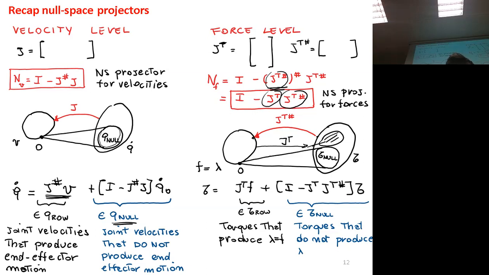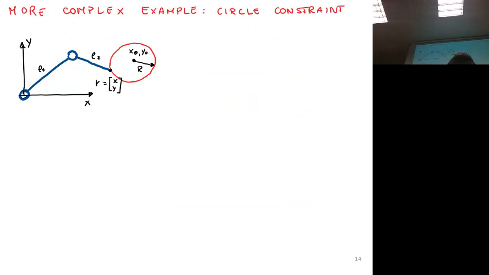So yeah, we can do a more complex example. For example, we consider a more complex constraint, not just staying still on the rail, but staying on a circle. In this case, we write this constraint in task space.